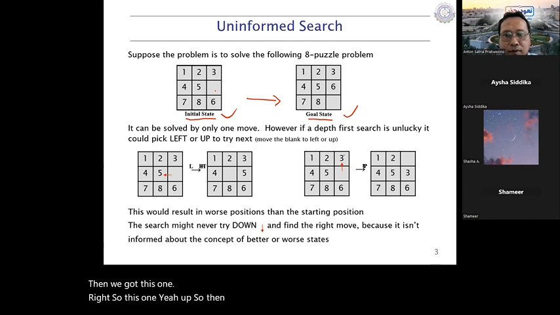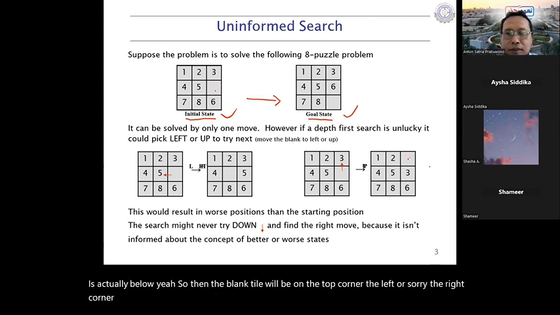Now the position of the tree is actually below, so the blank tile will be on the top right corner here. So this is the next one.